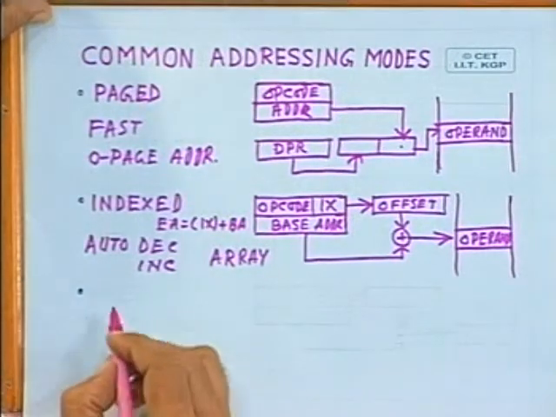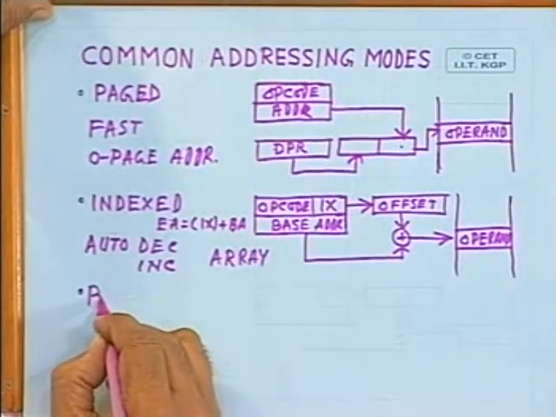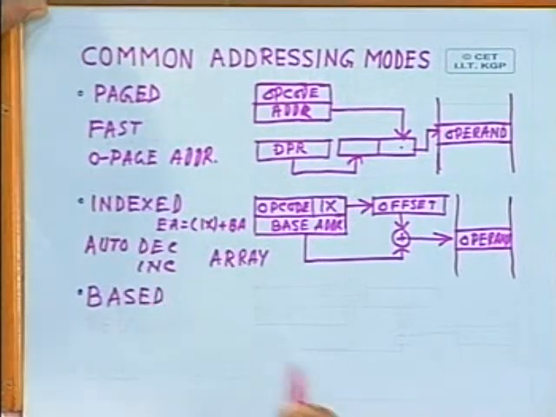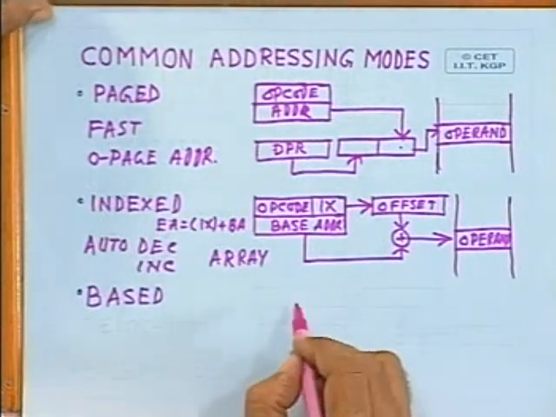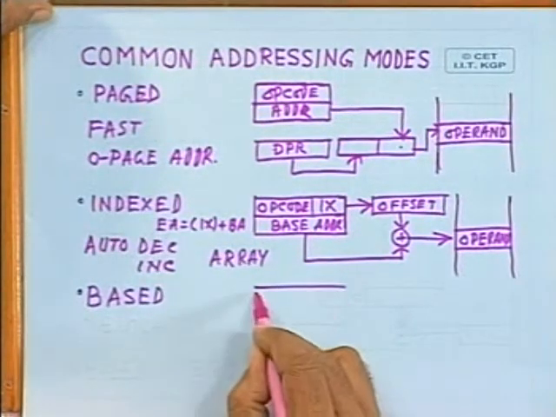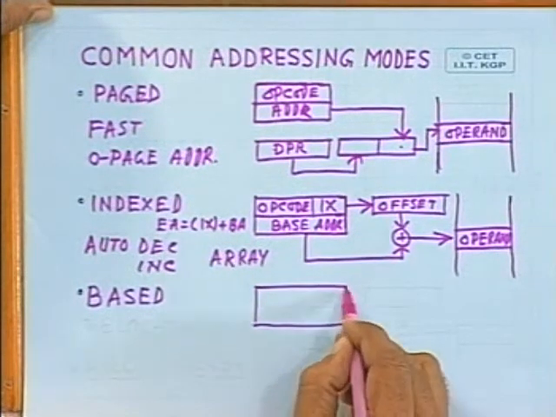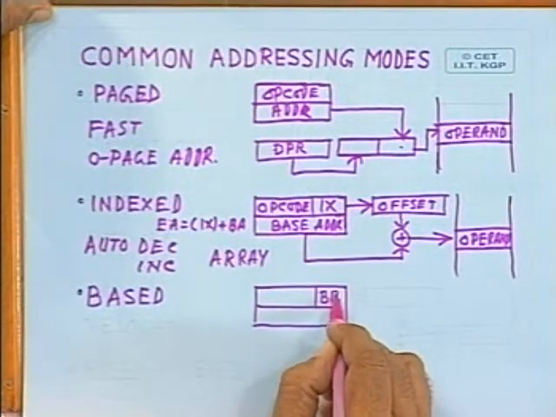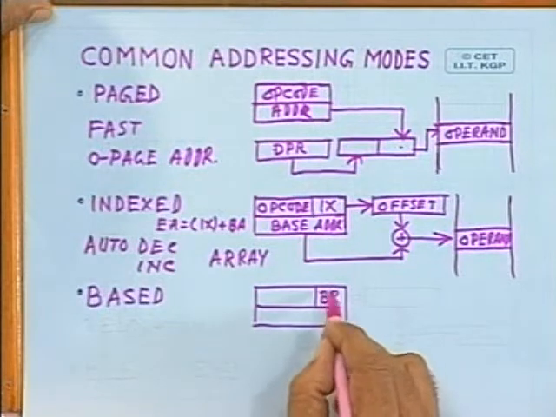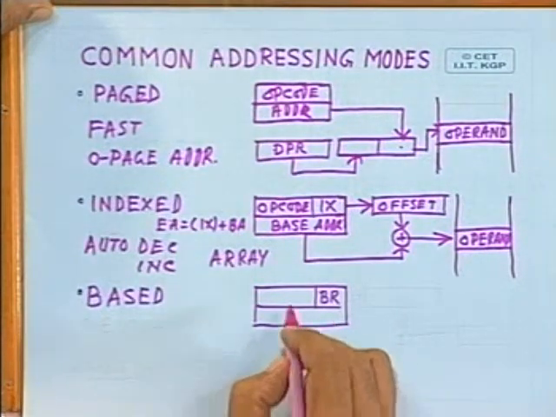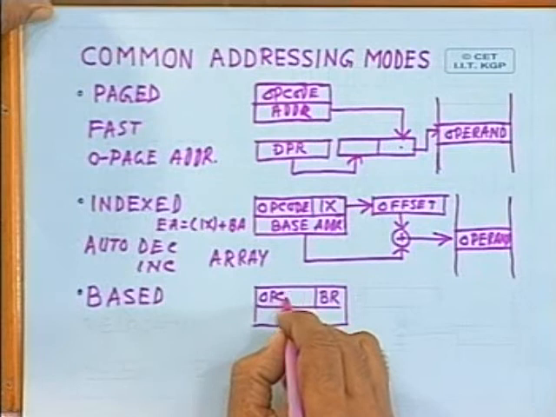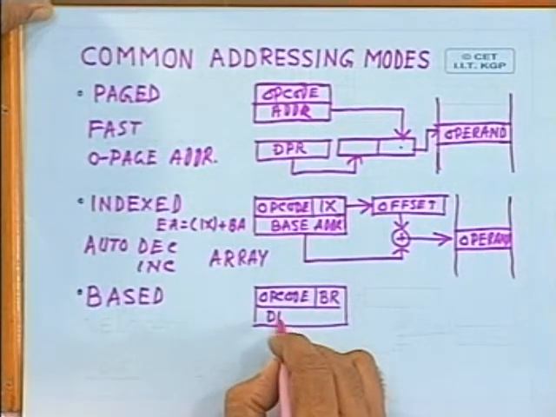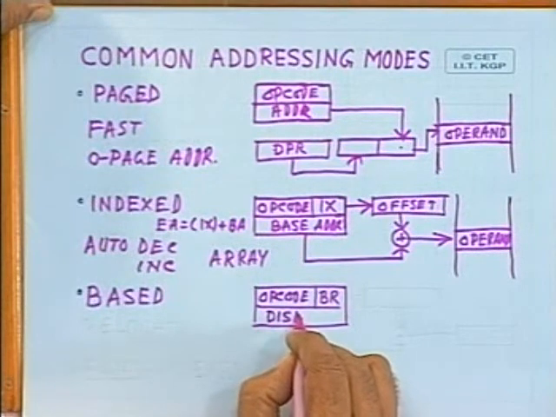Somewhat similar to this is another addressing mode known as based addressing. In based addressing, again you use a special register known as the base register to hold some value, and here is your opcode, and here is some displacement.